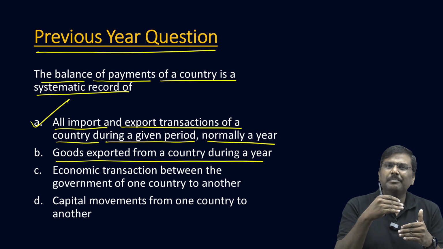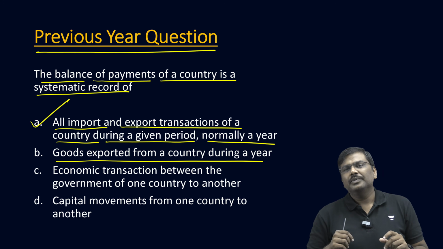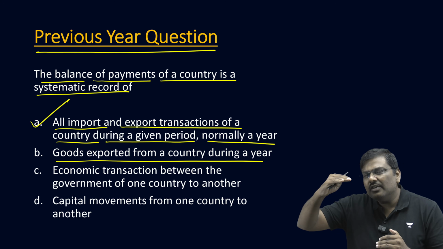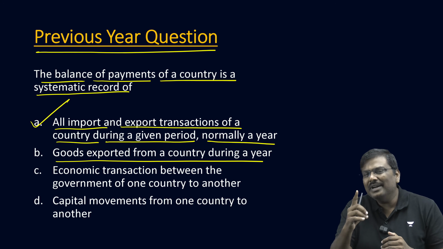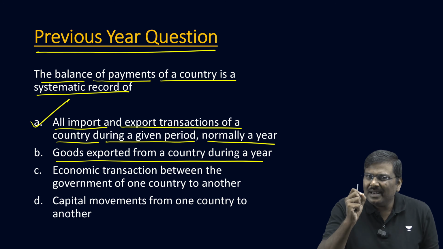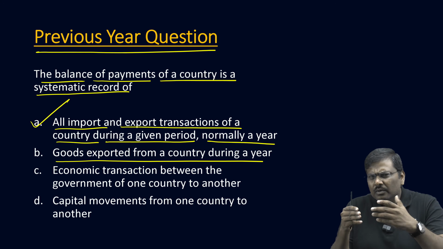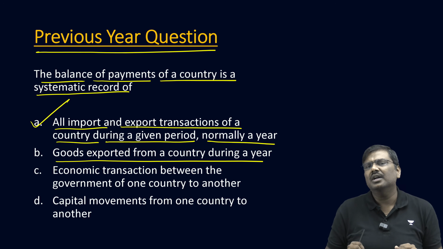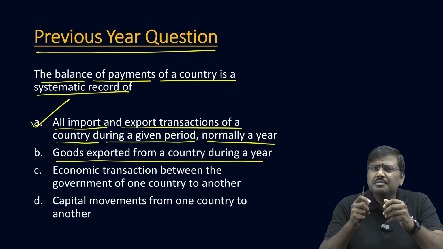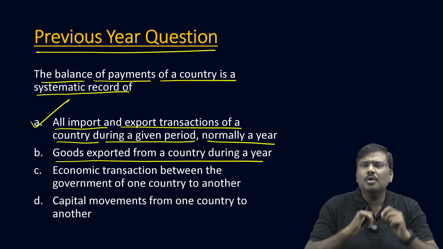But statement 1 is much more inclusive compared to statement 2. Because if you see the instructions given by the UPSC, printed on the first page of the question paper, UPSC clearly states that there might be more than one option which is correct for a particular question. If that is the scenario, choose the option which is most suitable, which is much better.